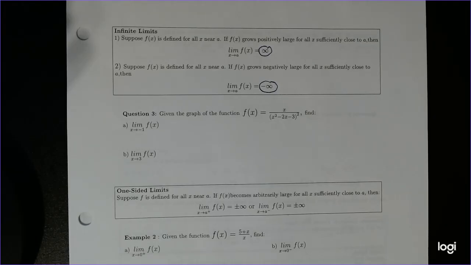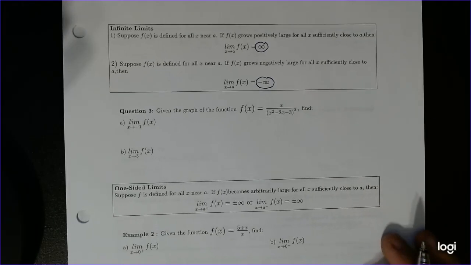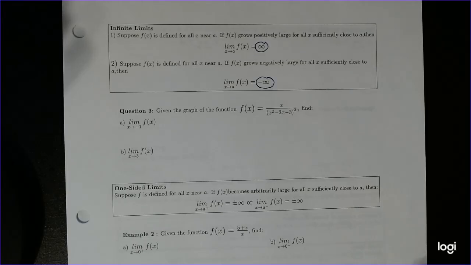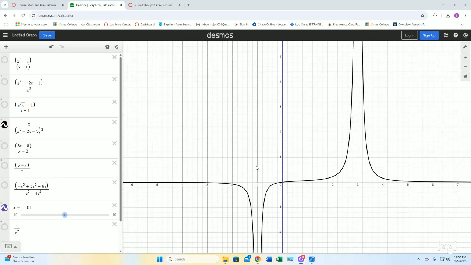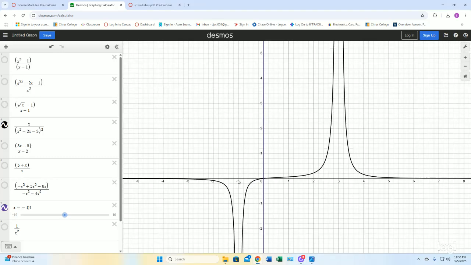Okay, so let's look at question 3. Given the graph of the function, which is a horrible graph to begin with, we want to find the limit as x goes to -1 and 3. So here's our graph. We want to go from x goes to -1 and positive 3.